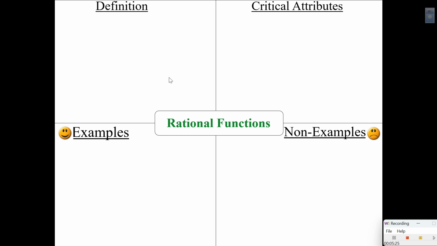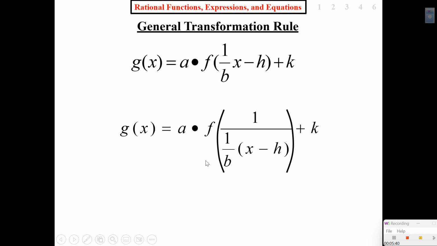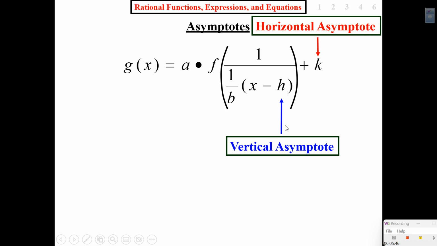Some of you wrote equations with fractions. So yes, in your own words, equations with fractions. That's what we've been looking at. We talked about the general rule. We talked about asymptotes. And then last week we got into the slant or oblique.